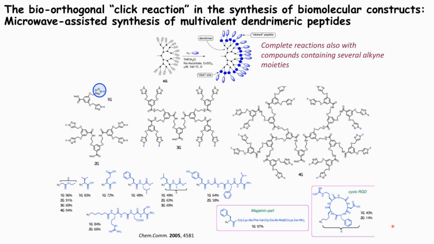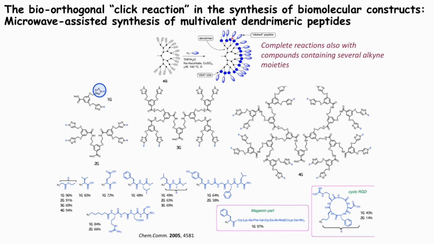What is also important is that the click reaction can be used in the preparation of a multivalent system. Now, of course, you know from organic chemistry, it's already very difficult to react one molecule with another one, but it's even a bigger challenge to have several moieties and react them with a particular molecule. And that's happening here.